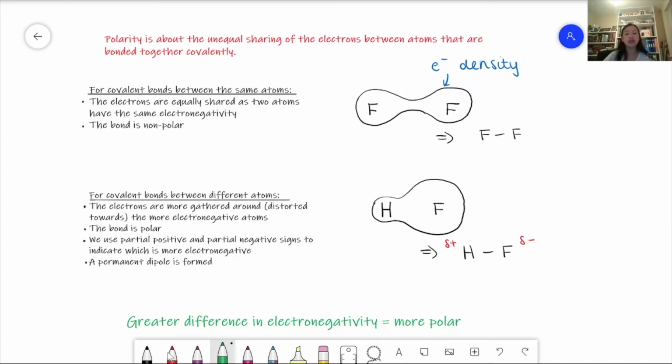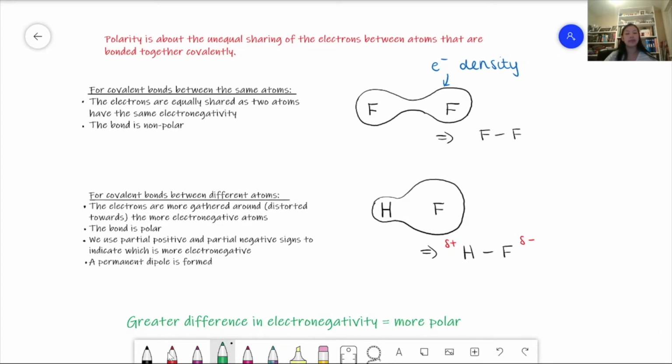And we use partial positive and partial negative signs to indicate which is more electronegative. The signs are delta plus and delta minus. Delta is a Greek letter. And so a permanent dipole is formed, which just means a permanent difference in the electronegativity and how the electrons are placed.